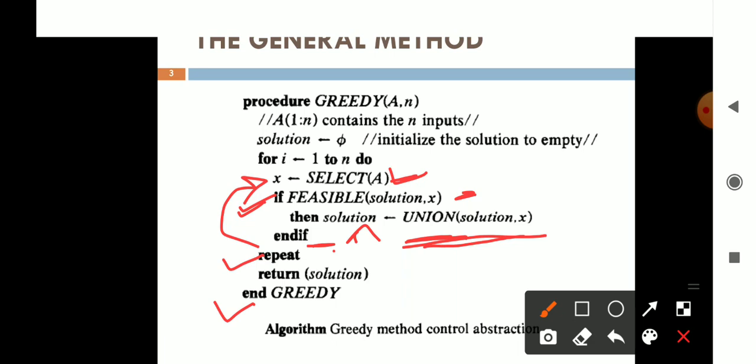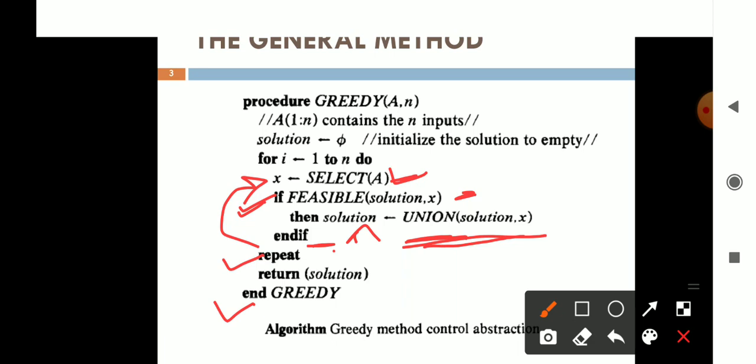The select is nothing but the constraint. We are going to select one of the solutions from A. Then feasible will check whether the solution is feasible or not. And after that, we are going to put it into the solutions, that is by using union. Union means combining the solutions here.